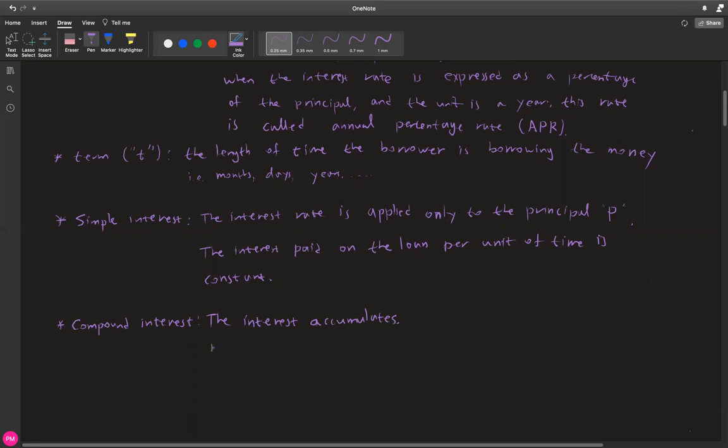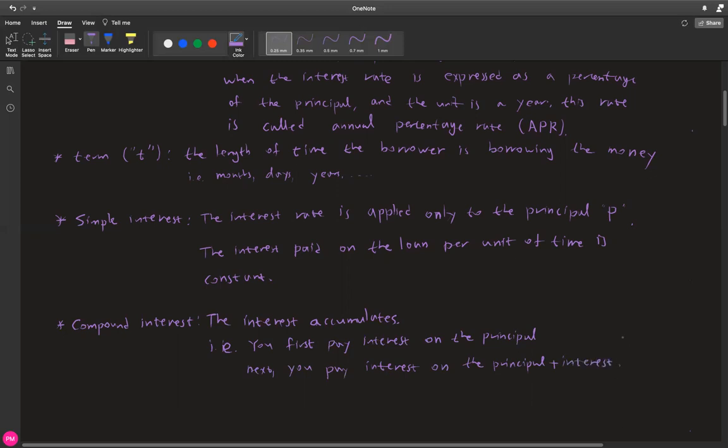In other words, you first pay interest on the principal, and next you pay interest on the principal and the interest.